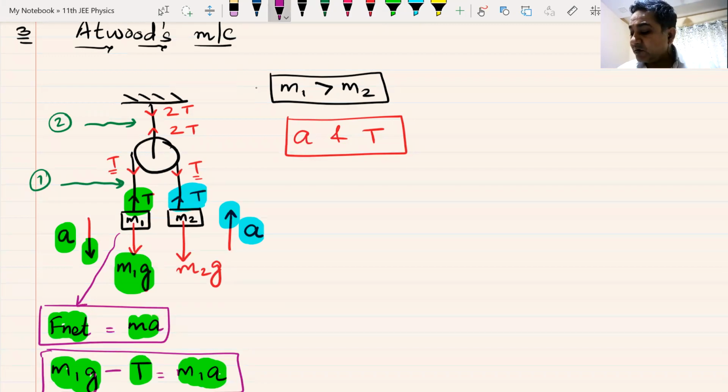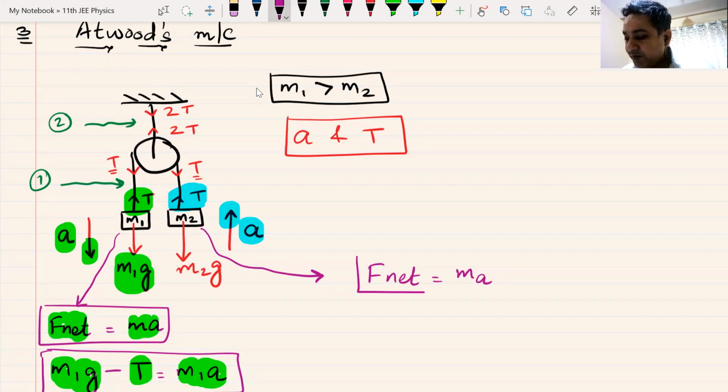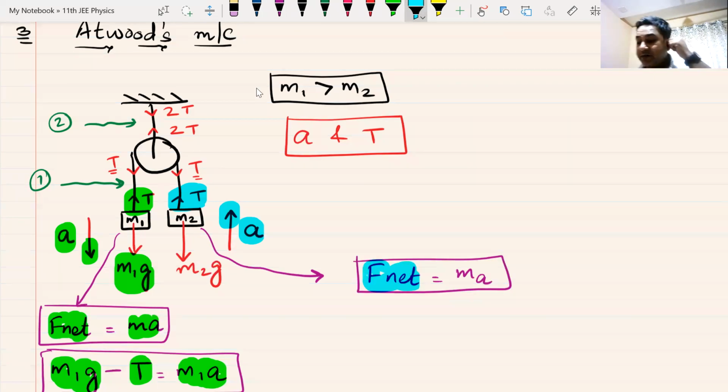Now let us try to make the equation for this block. The equation for this block will always be again F net is equal to MA. Remember, both the blocks are accelerating. The force in the upward direction is T. But don't forget, there is a force in the downward direction as well.